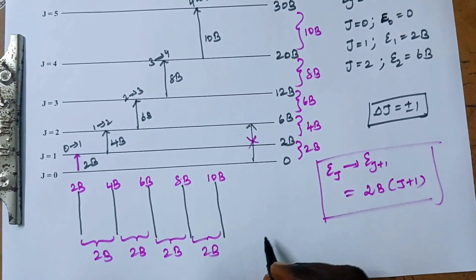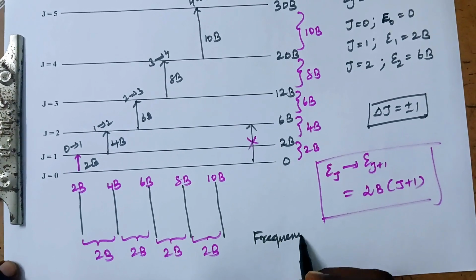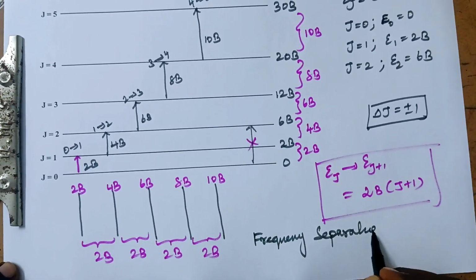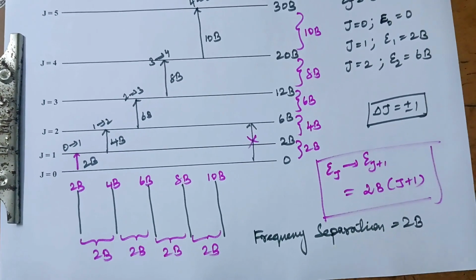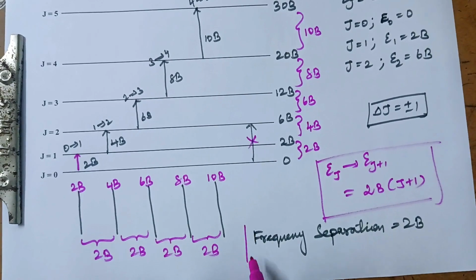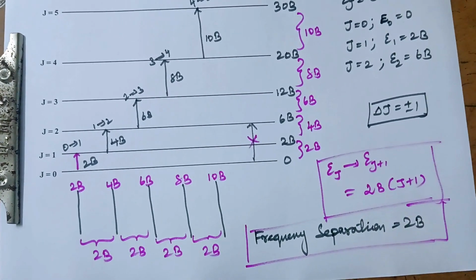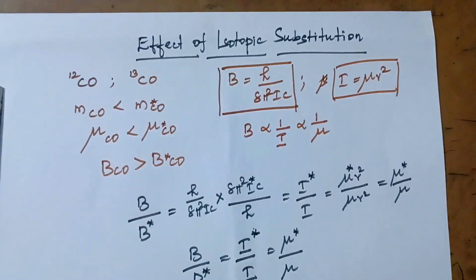That is what we call frequency separation. Frequency separation is equal to 2B. So in the pure rotation spectra of the rigid diatomic rotor, the frequency separation is 2B.